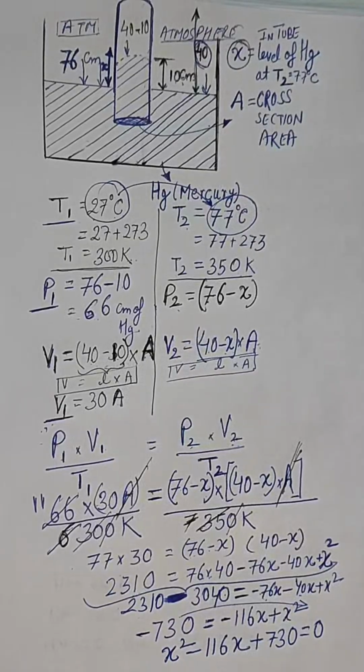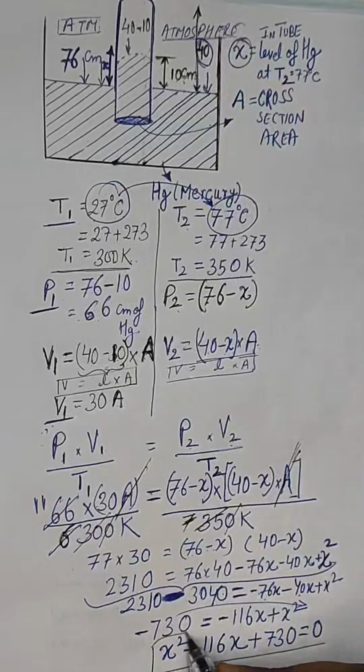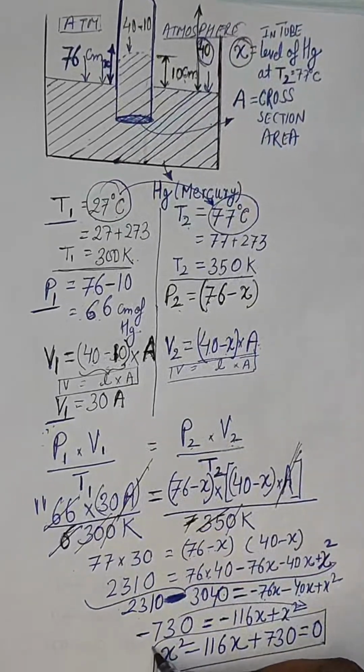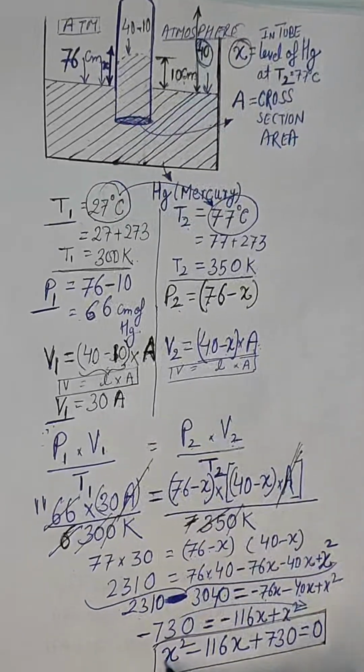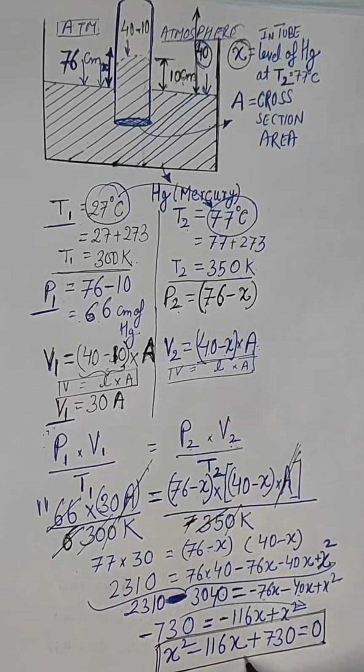So this is your quadratic equation, which will be solved and you will get a certain value of x. Don't take the negative value, take the positive value of x.